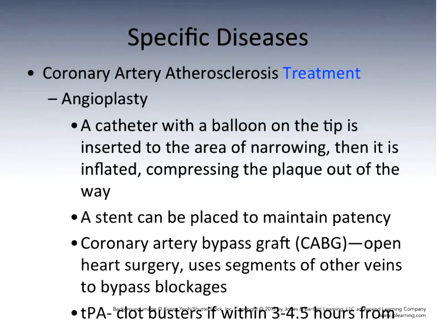Treatment: almost every big hospital now has a cardiac catheterization lab, where people with the first symptoms, when they come to the hospital, immediately get an ECG, and we can see how the heart is suffering. And if it's proven that we have ST elevation, meaning proven on ECG that there is an MI, they can be taken into the lab and have angioplasty.